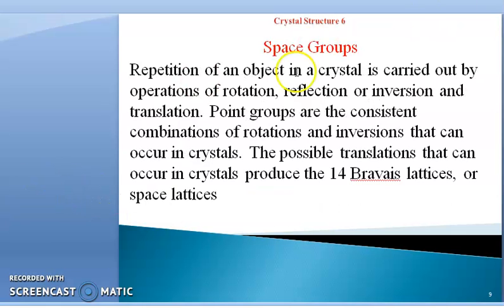Now let us turn towards space groups. The repetition of an object in a crystal is carried out by operations of rotation, reflection, or inversion and translation. Point groups are consistent combinations of rotations and inversions that can occur in crystals.